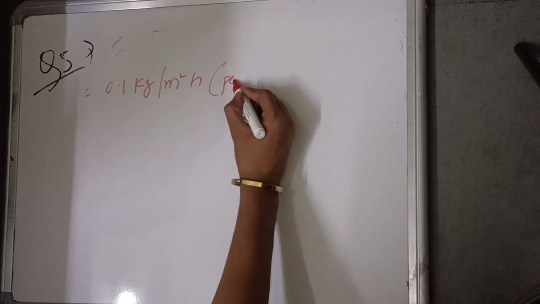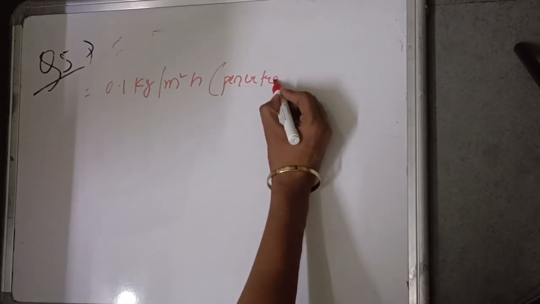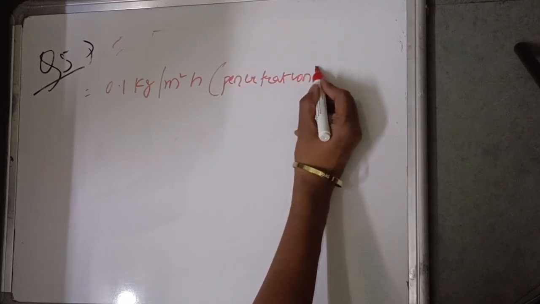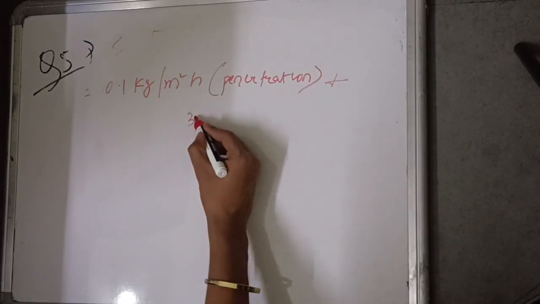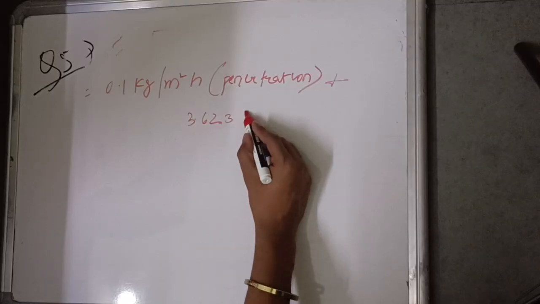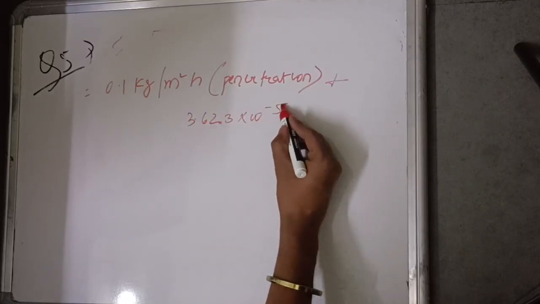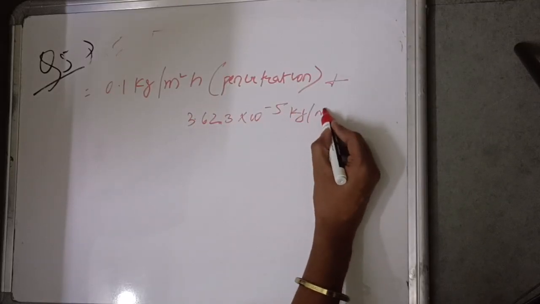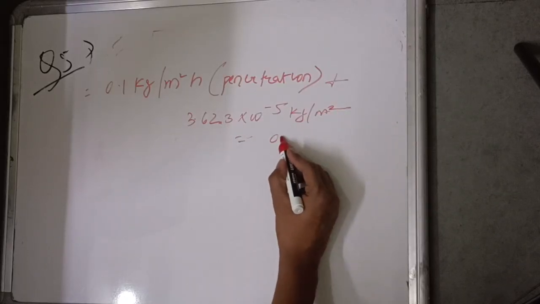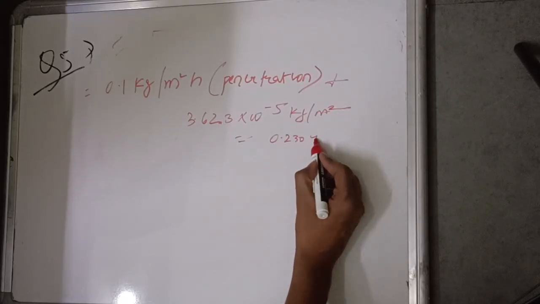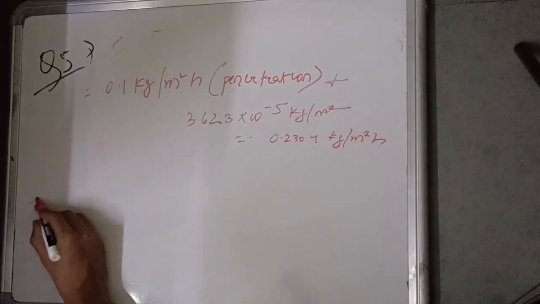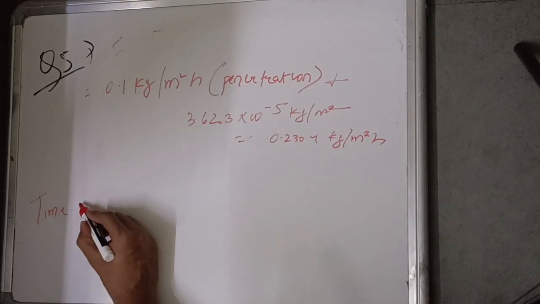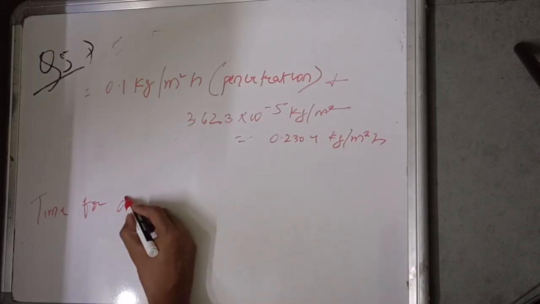This is known as penetration. The water passes through the micropores present on the floor, plus we will calculate the diffusivity. This is coming as 0.234 kg per meter square hour. We have to now find the time for disappearance of water.